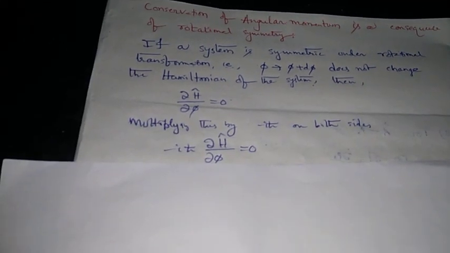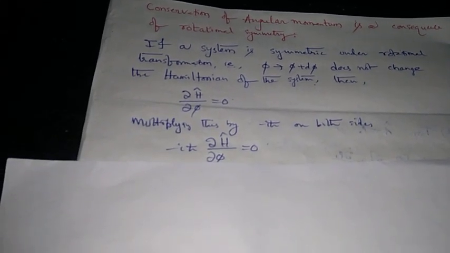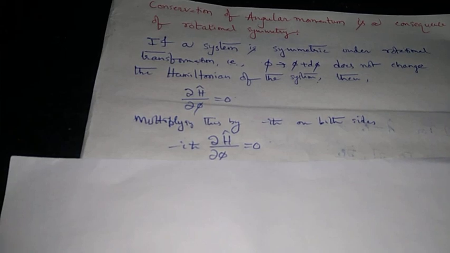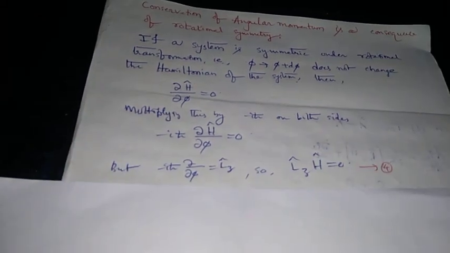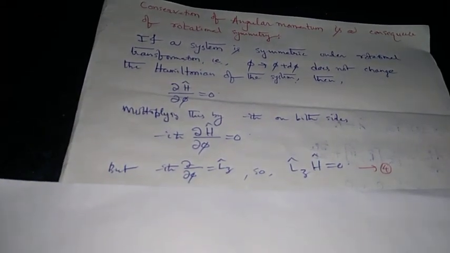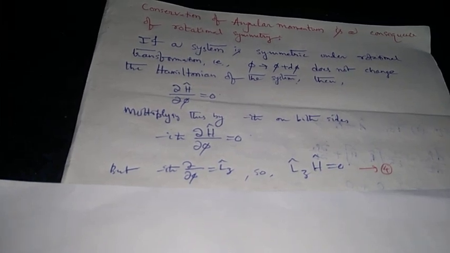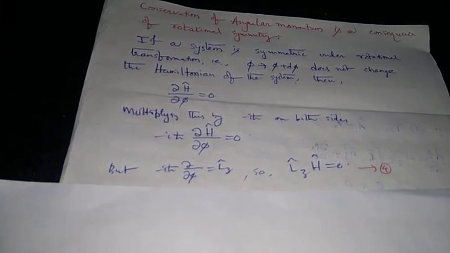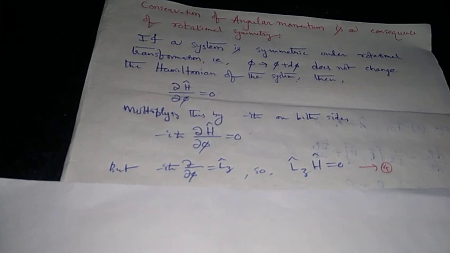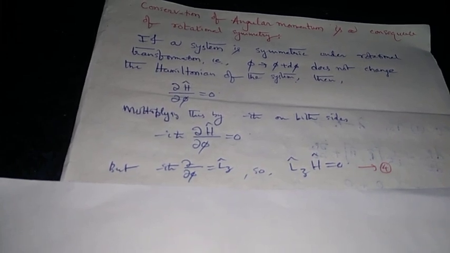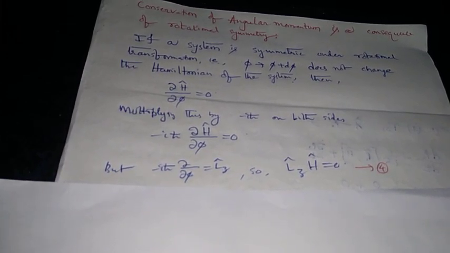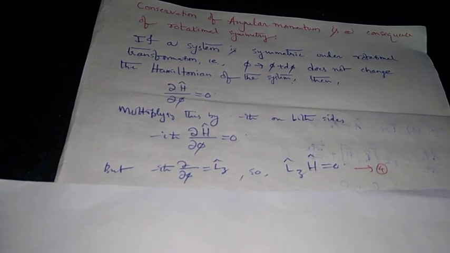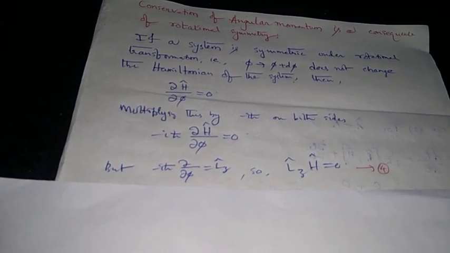If you multiply that equation by minus iħ on both sides, we get minus iħ ∂/∂phi of H equals 0. But minus iħ ∂/∂phi is also the Lz operator, I mean the z component of angular momentum. So we can write the above equation as Lz H equals 0 and call it equation number 4.